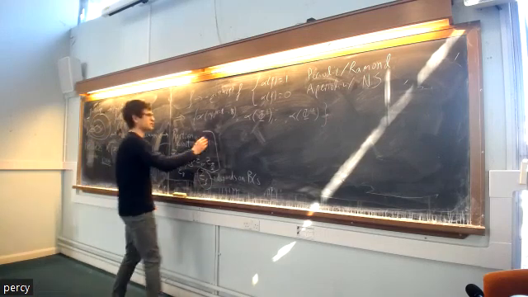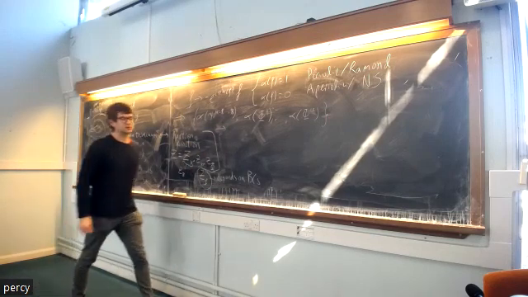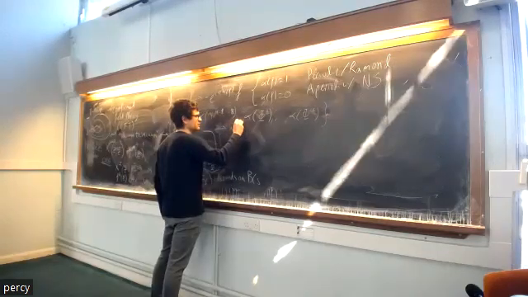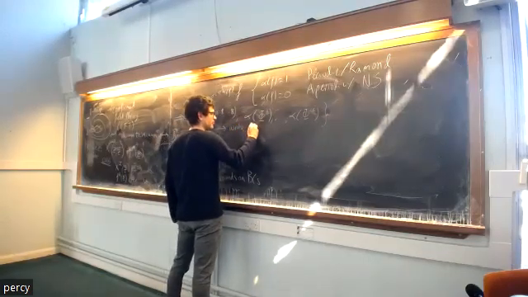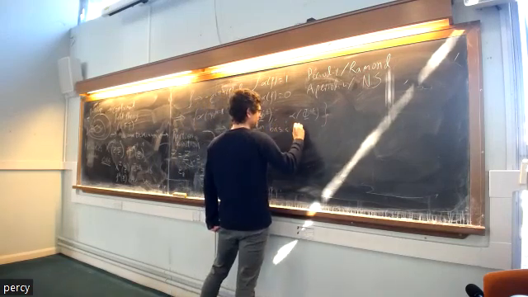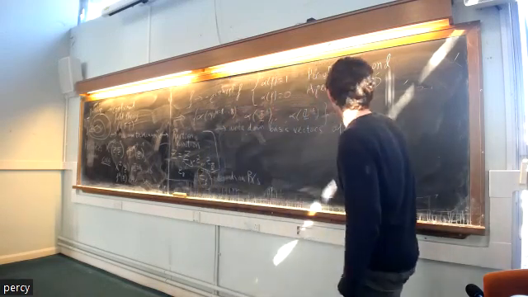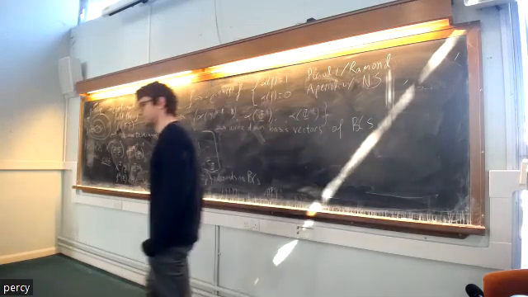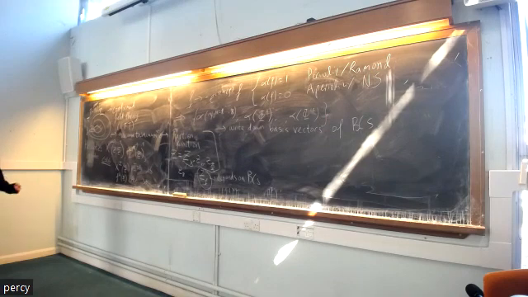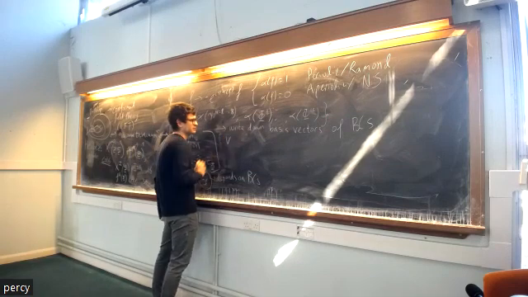So these boundary conditions choices can be compactly written in terms of basis vectors of these boundary conditions. So basis vectors or basis sets.